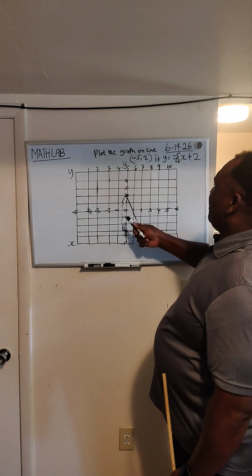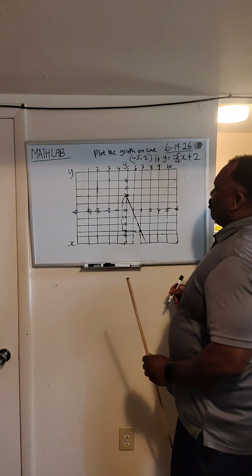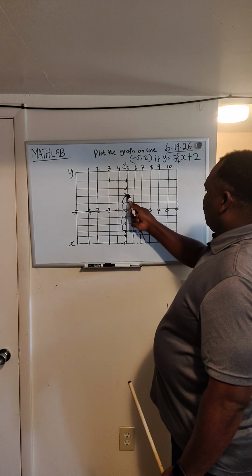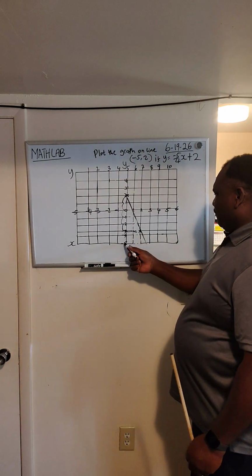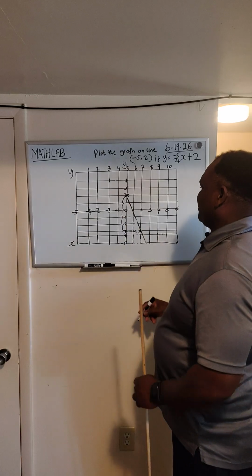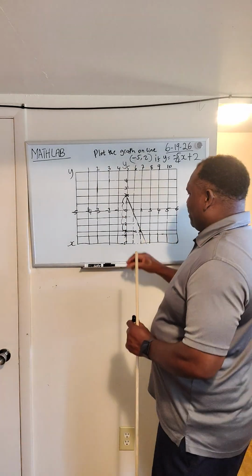So your line can go all the way that way, but it has to pass through this point 2 to negative 5 right here. So you don't even have to count the steps like I was counting. Sorry about that.